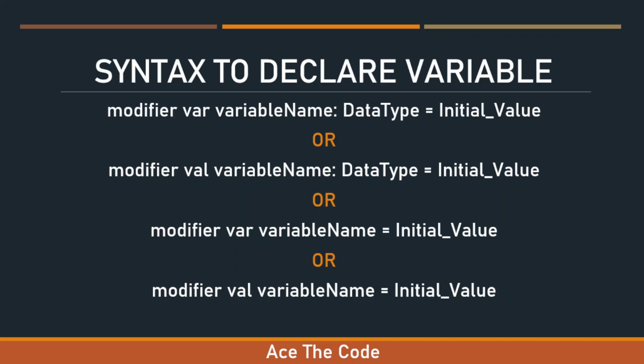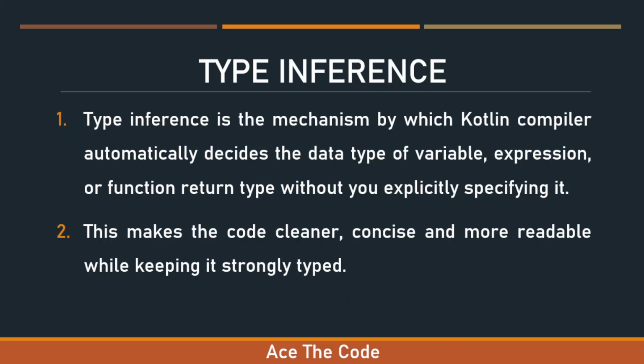And there is one important terminology, an important concept about it: type inference. Type inference is a mechanism by which the Kotlin compiler automatically decides the data type of a variable or expression or function return type, without you explicitly specifying its type.